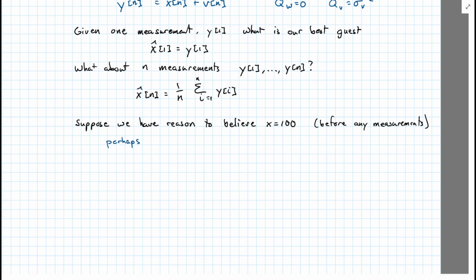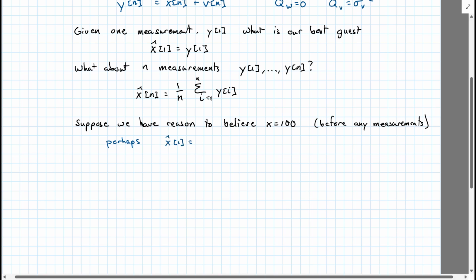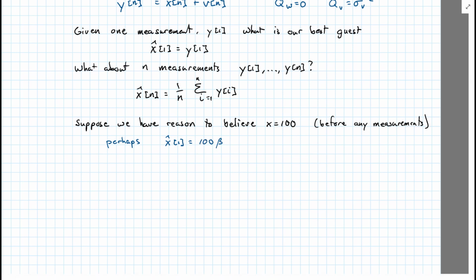Not yet, anyway. But perhaps we could just say that x1 would be 100 times some constant beta plus our observation y1 times 1 minus beta.